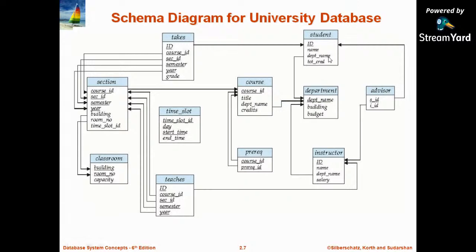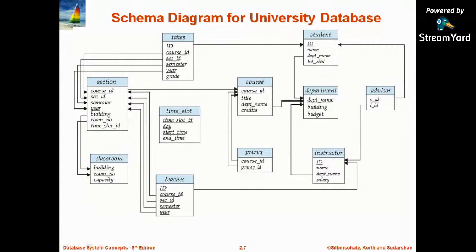So look at this, we take these two tables. This table is student and this table is department. You can see that the main information of department is stored here and the information of student is stored here.